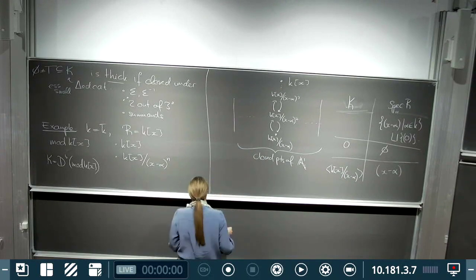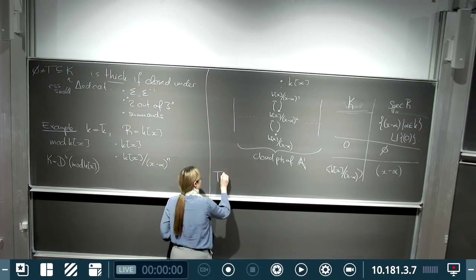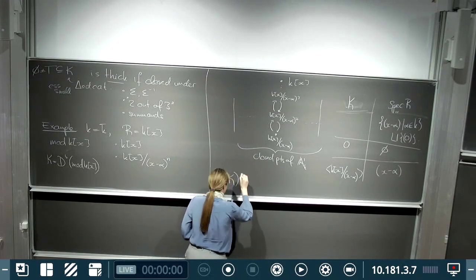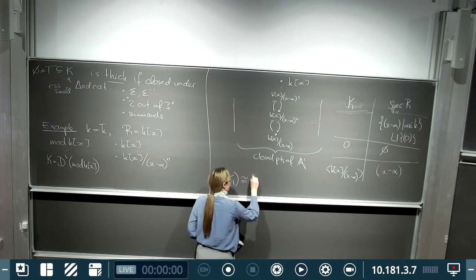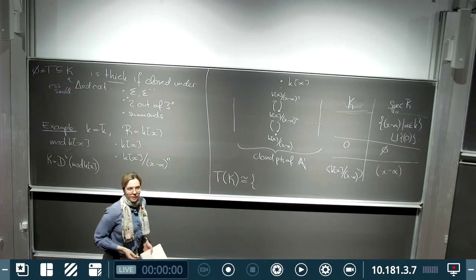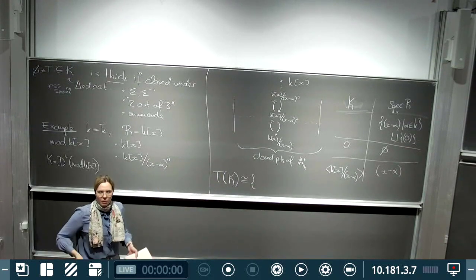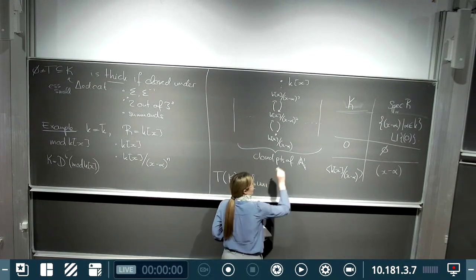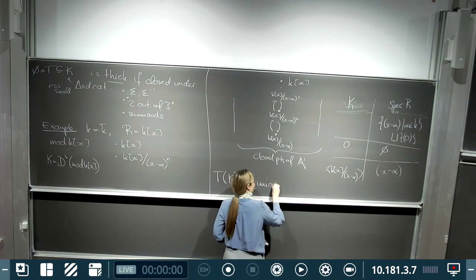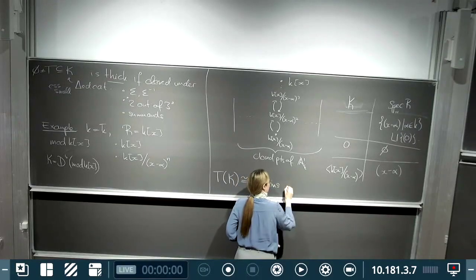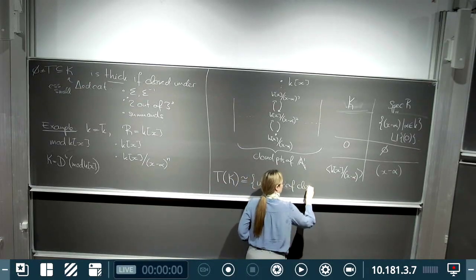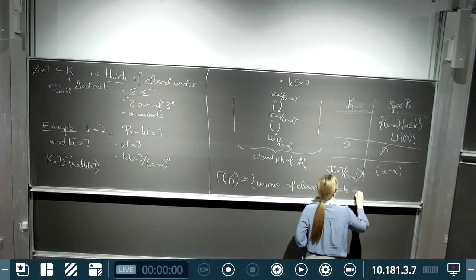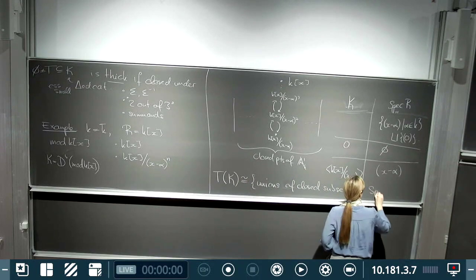So what it looks like is that the lattice of thick subcategories of K are just unions of closed points, or if you want, unions of closed subsets of Spec.